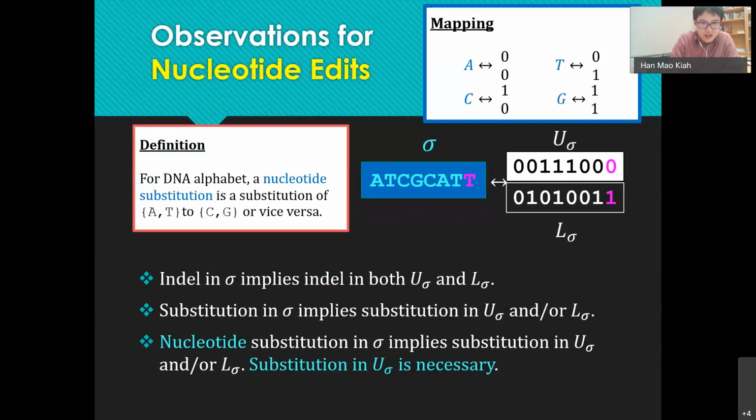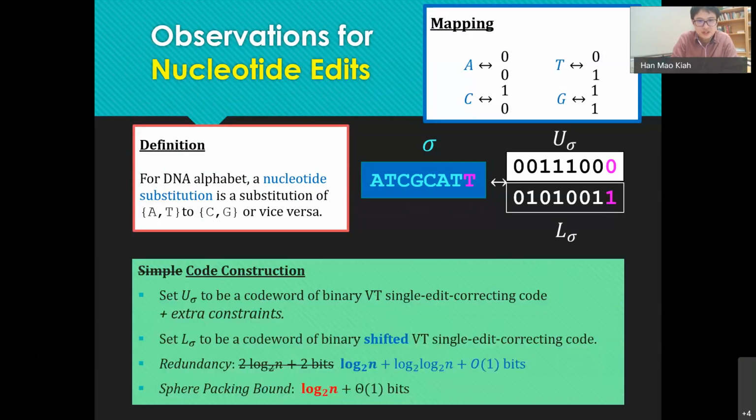And so this allows us to use a different code for the lower sequence. This is what we call a shifted VT code. So by using this shifted VT code, we can reduce the redundancy from 2 log n to log n, plus this little bit of things here.